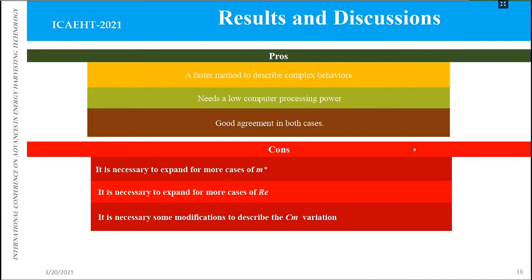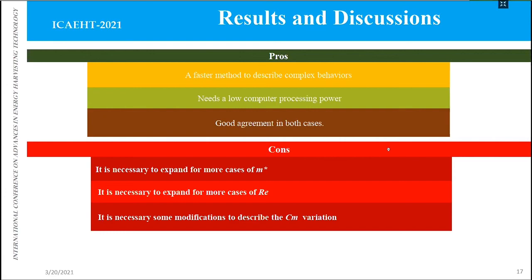So as pros and cons, we have a new model that is a faster method to describe complex behaviors and needs low computer processing power. And we have a good agreement for those cases. Okay. However, it's necessary to expand for more cases of reduced mass and Reynolds number. And it's necessary to make some modifications to describe how the added mass coefficient varies inside the locking region.